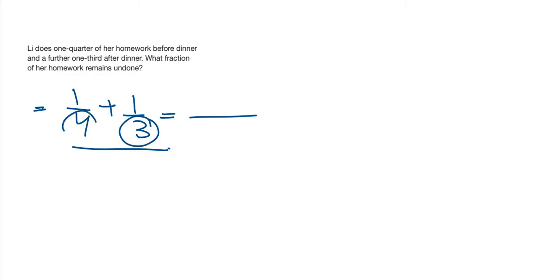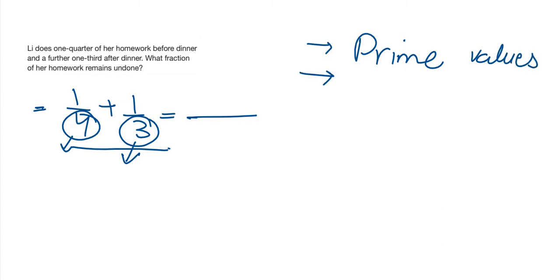Whenever you are adding or subtracting two fractions, and the values in the denominators don't have factors in common or are prime to each other, like 3 does not have any factor of 4 in it, and 4 doesn't have any factor that is multiplied to get 3.